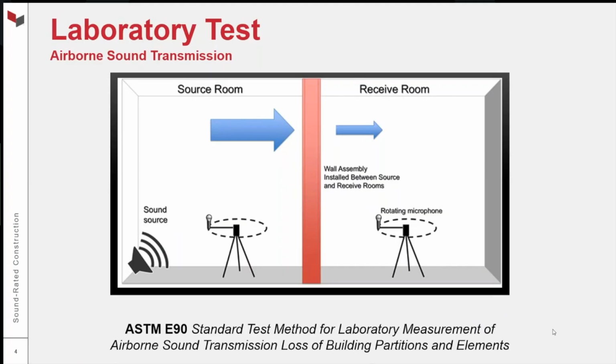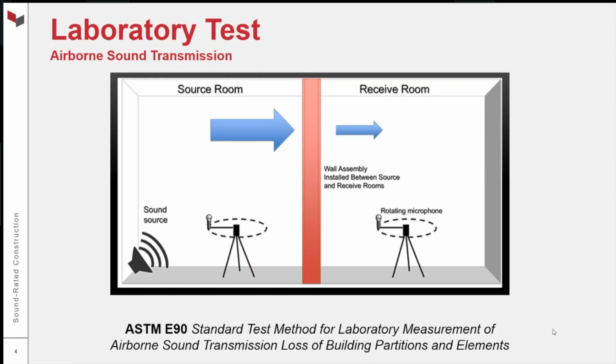These are reverberation chambers, so they are rooms that are dominated by hard reflective surfaces. In the source room, we have a large speaker, a sound source that generates sound across all frequencies in excess of 100 decibels. In both the source room and receive room, we have microphones that measure the average sound pressure level in those spaces.